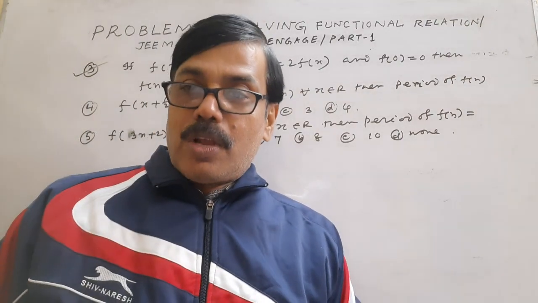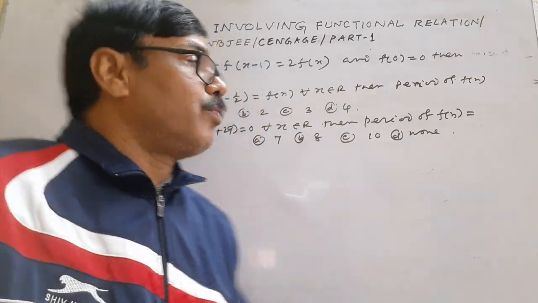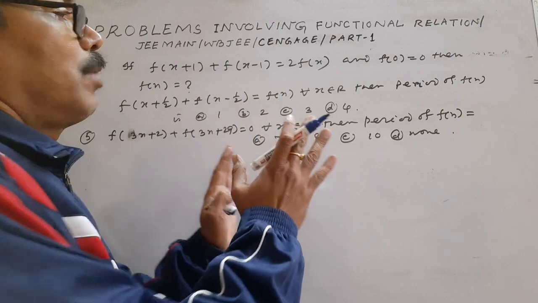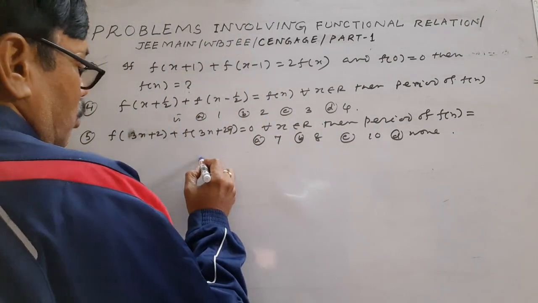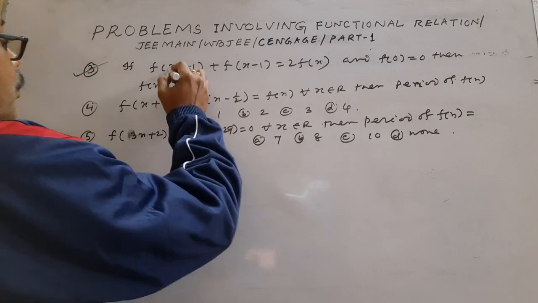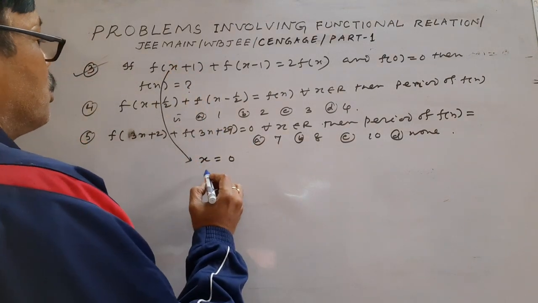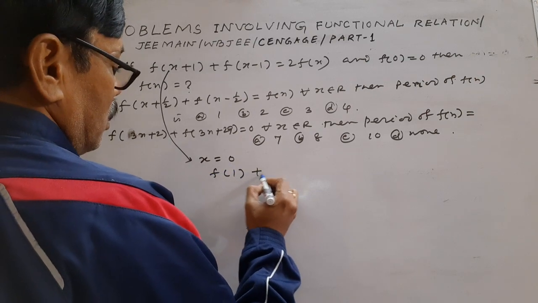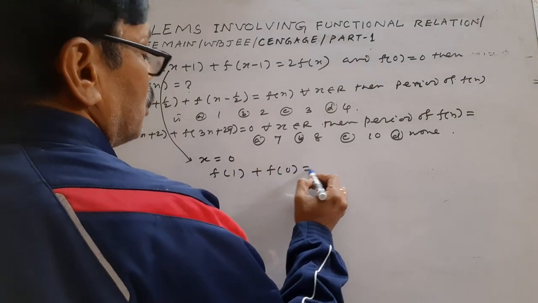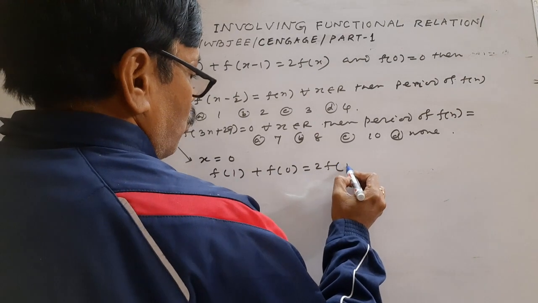So we know to solve this type of problem, we have to put suitable values of x. So first we put x equals 0 in the given relation. So this is f(1), this is f(-1), this is 2f(0).